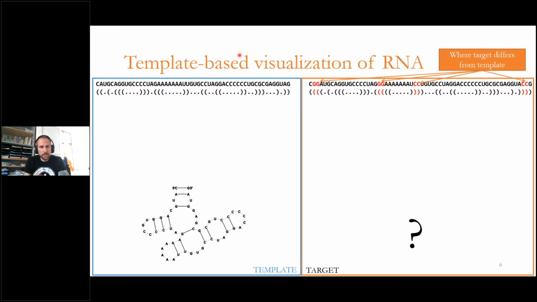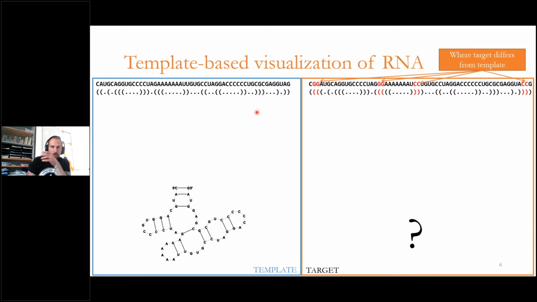So specifically, on the input of Traveler, you need to pass in the template secondary structure and its sequence, and the template layout. So that's the one you already know. And then you need to pass in the target secondary structure, and the goal is to generate a target layout which would resemble the template layout.